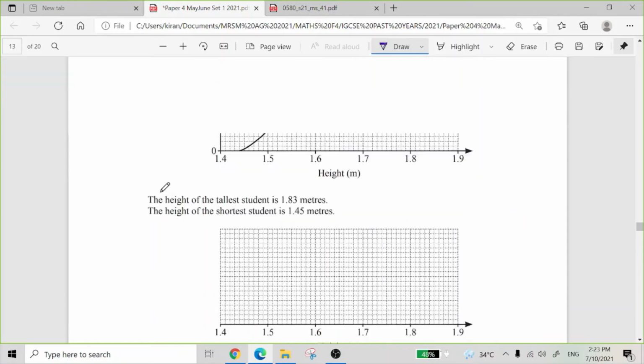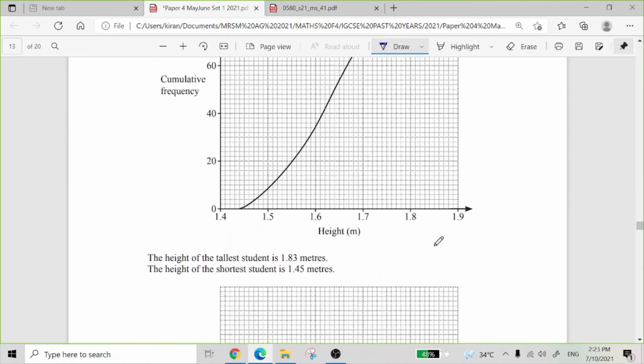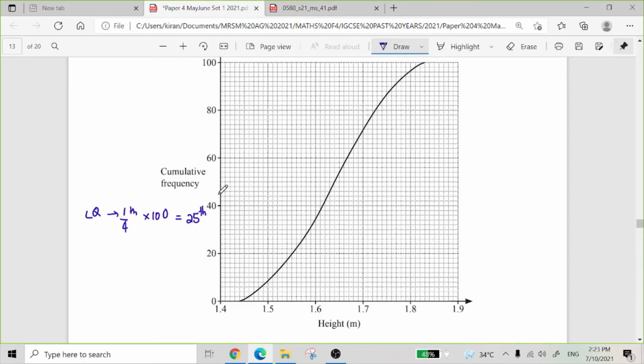Okay, and then we go to the lower quartile. So how to calculate the lower quartile? Okay, the lower quartile is 1 over 4. The placement is 1 over 4 of the total cumulative frequency, which is 100. So that means we get 25. The place is at 25. Okay, so we take 25 here.